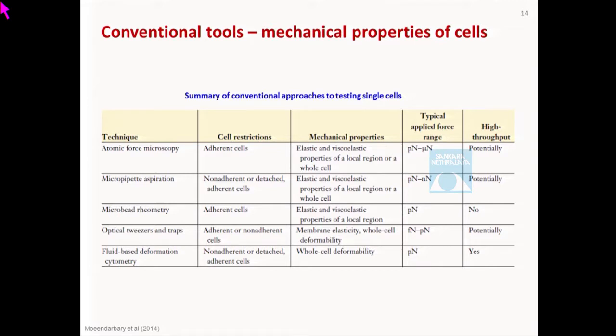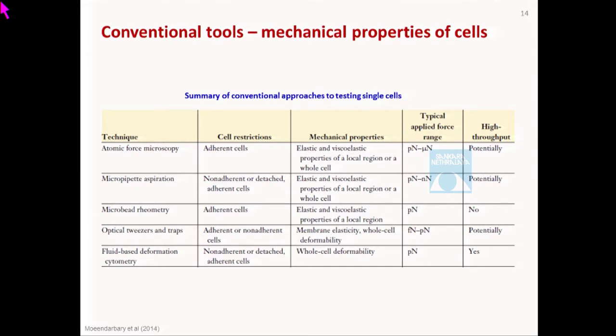Now, this slide shows you, depending on the technique that you use, what is the typical force that you apply. If you use AFM, a typical force is in the range of piconewton to micronewton, whereas if you use micropipette aspiration, the typical force will be from piconewton to nanonewton.